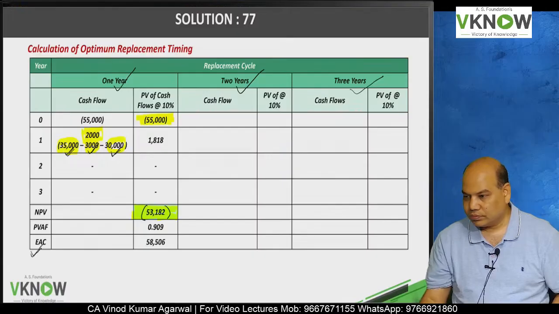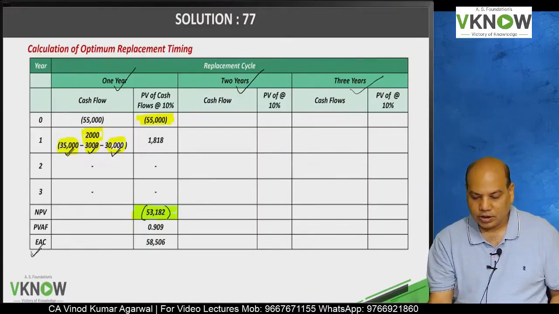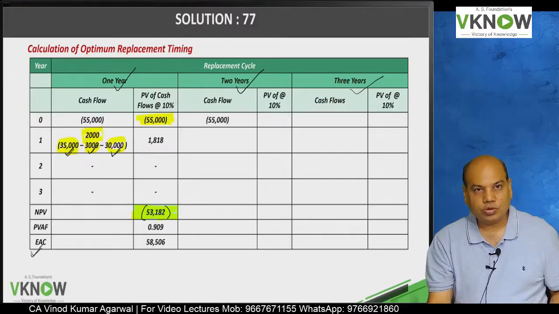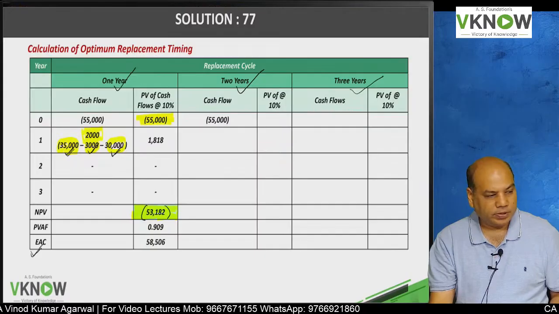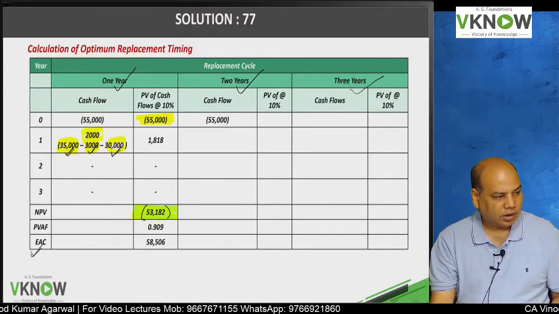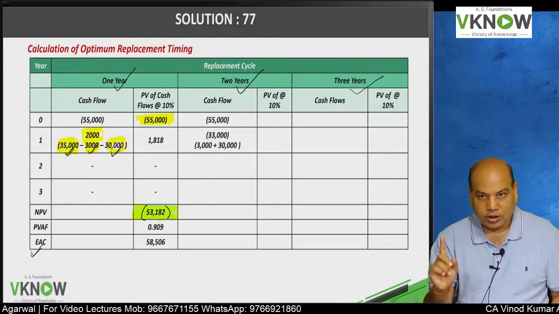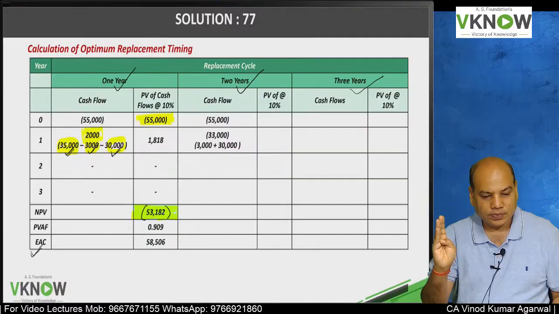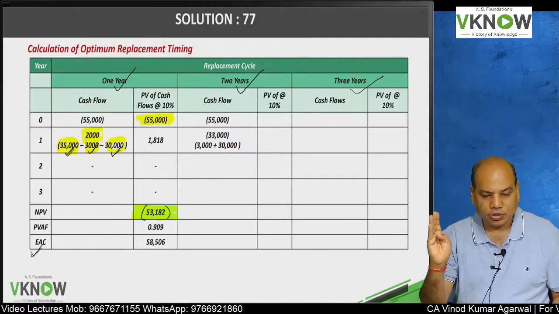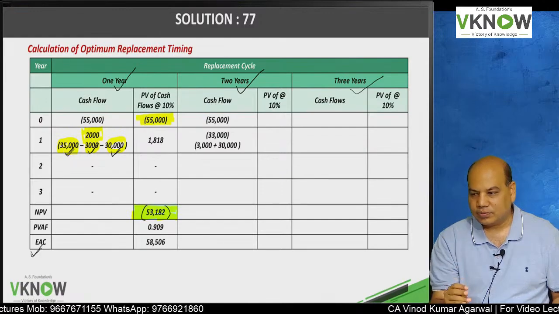Now we'll come to the second year. Suppose you want to replace after every 2 years. Cash flow will be 55,000 in year 0. Year 1 cash flow will be road tax 3,000 and repair maintenance petrol 30,000, total 33,000.